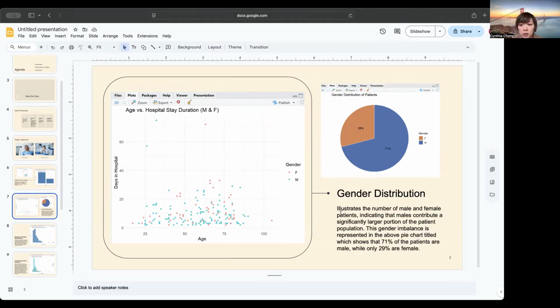The gender imbalance is represented in the pie chart as well, because you can see the percentage of male is 71% compared to female patients, which is 29%. And from the scatter chart, the blue dots, which are male, were a lot more numerous than the pink dots.